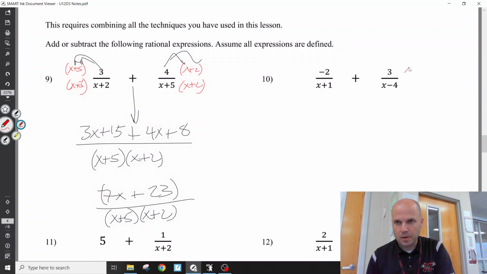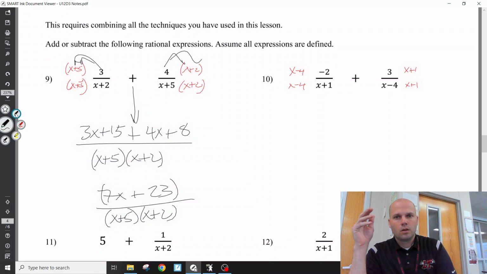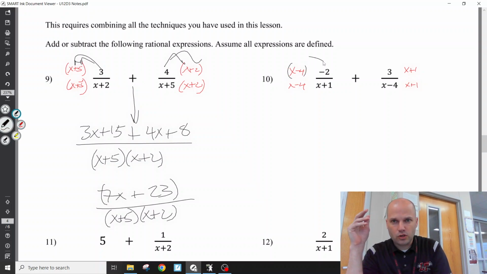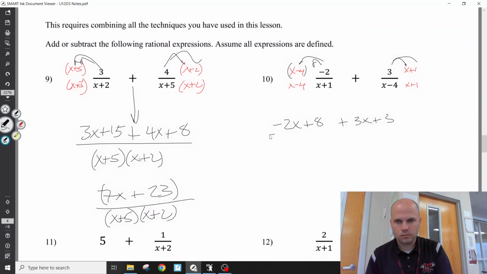x plus 1, I'm going to give this term an x plus 1, give this term an x minus 4. This would be one that you would practice in class. Distribute, negative 2x, negative 4 times negative 2 is positive 8, negative 2x plus 8, 3x plus 3. x minus 4, x plus 1.